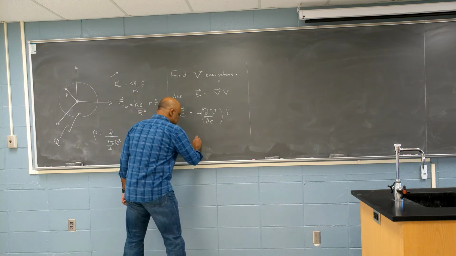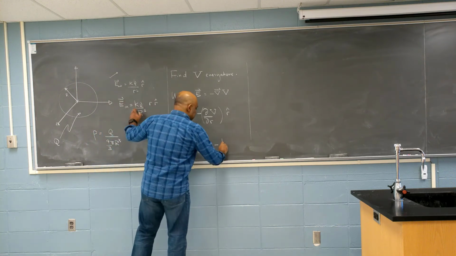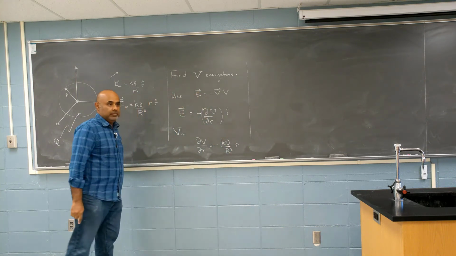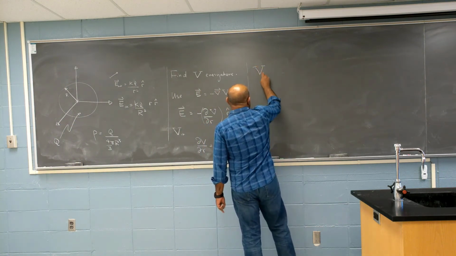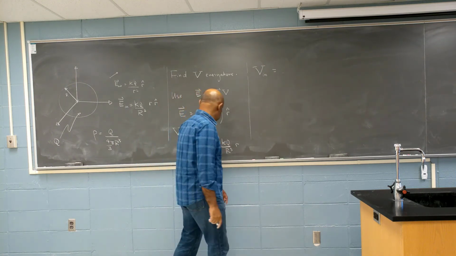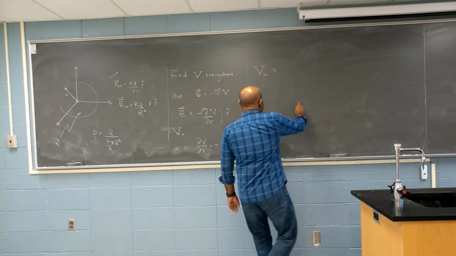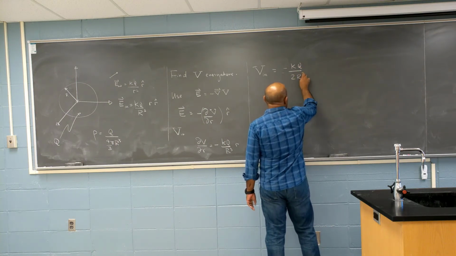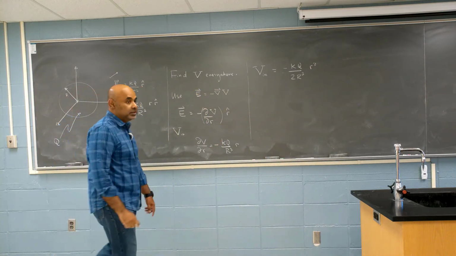So here I would get dV/dr equals minus kq over R cubed times r. So now I get, I'm going to call it V inside, equals, what is it? Integral of r is... minus, am I right? Minus, yep. Minus kq over 2R cubed. Is that true? r dr is r squared over 2 plus some constant.